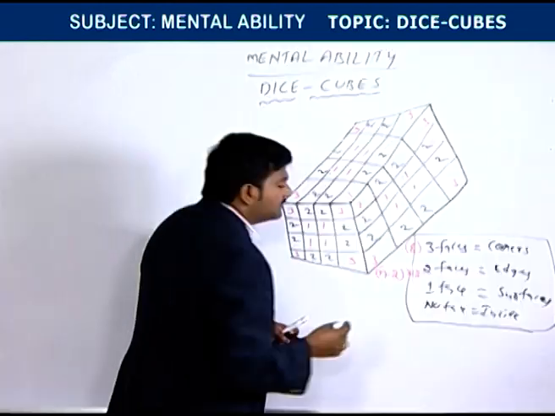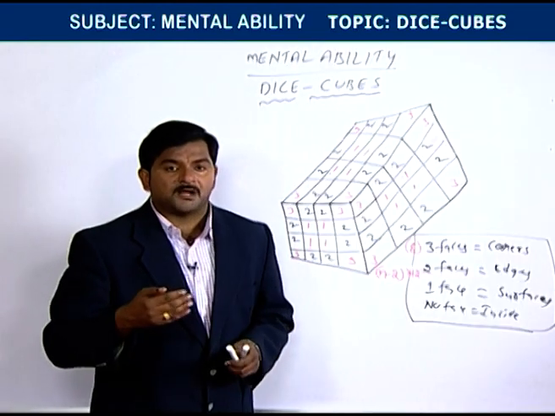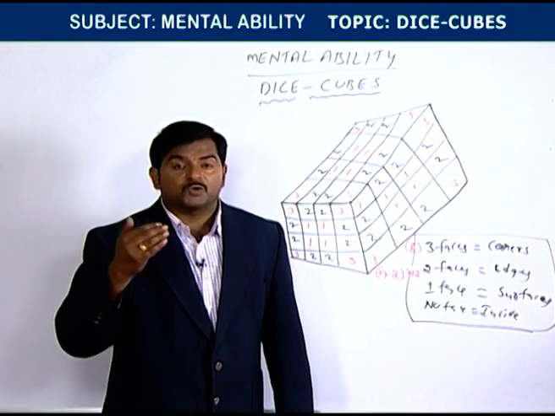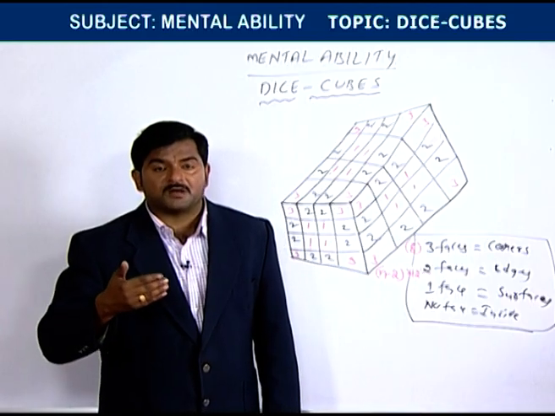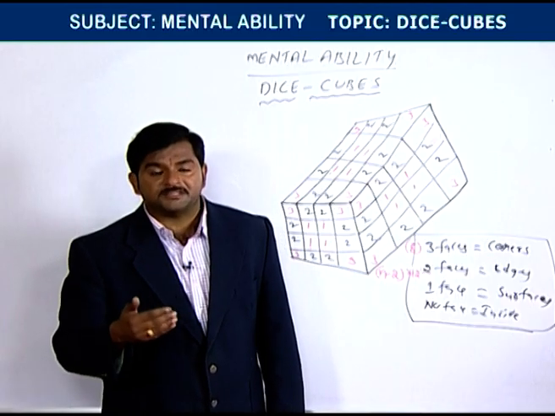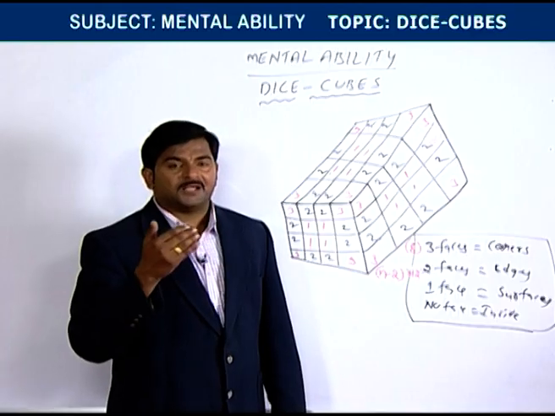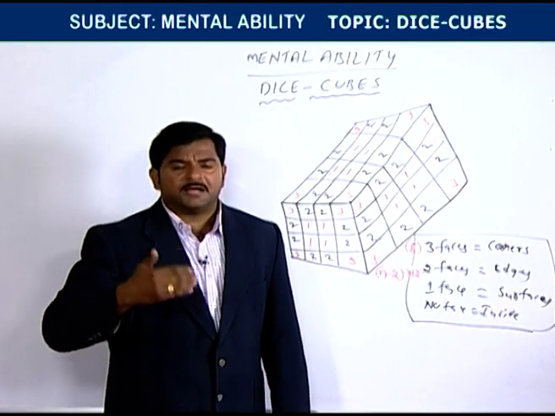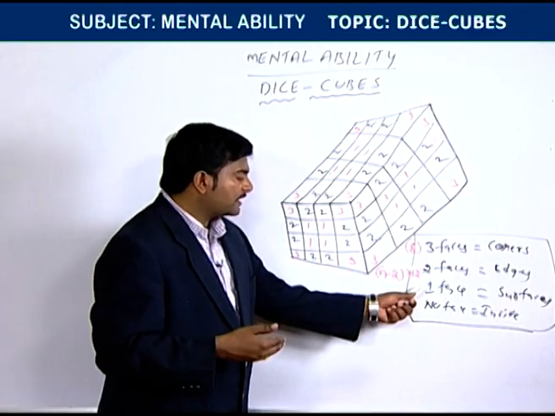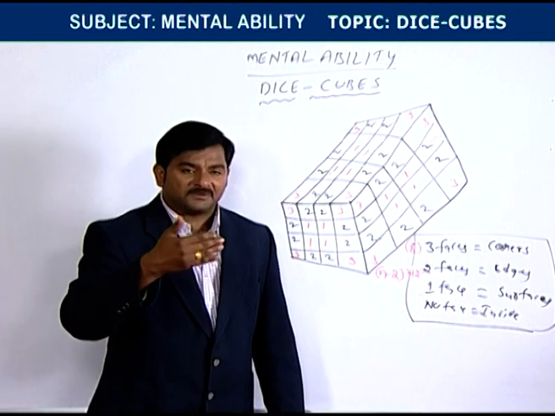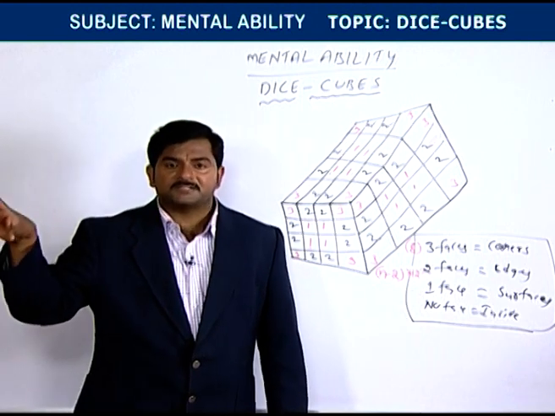I repeat this formula once again: the number of small cubes with 2 surfaces painted is always equal to (n minus 2) into 12. I will say what n is, because n will come here and n will come here also. For these formulas, at a time we will discuss what n is.